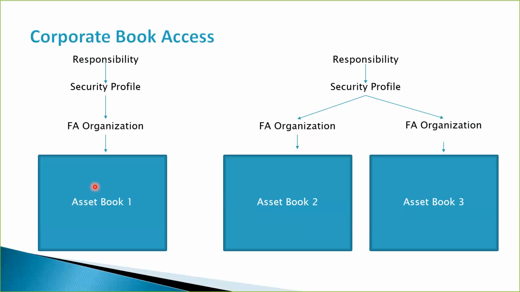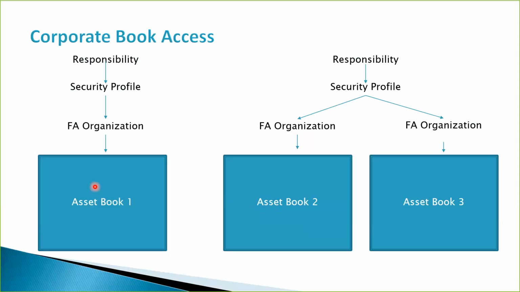You can have this kind of setup on the right, whereby one responsibility has access to more than one corporate book by assigning different FA organizations to the same security profile, which is then assigned to a single responsibility.